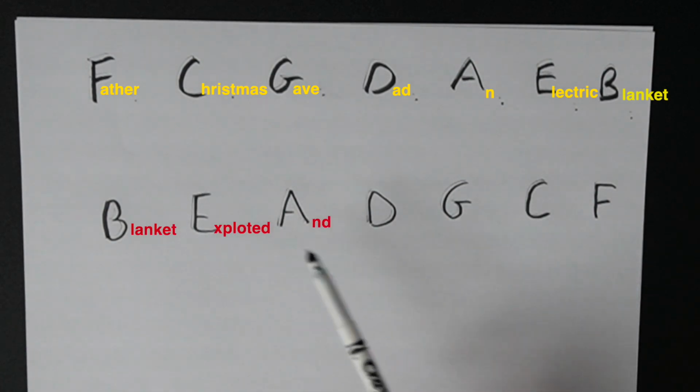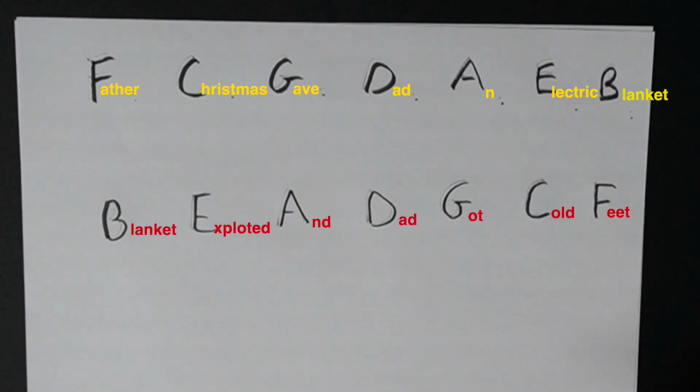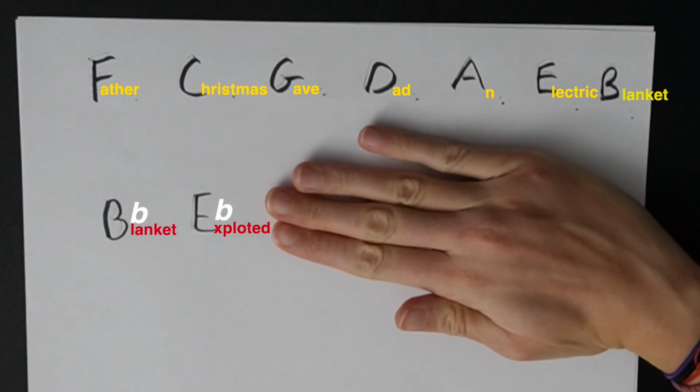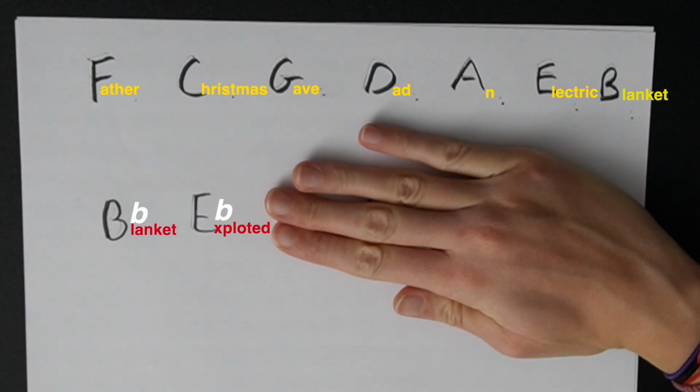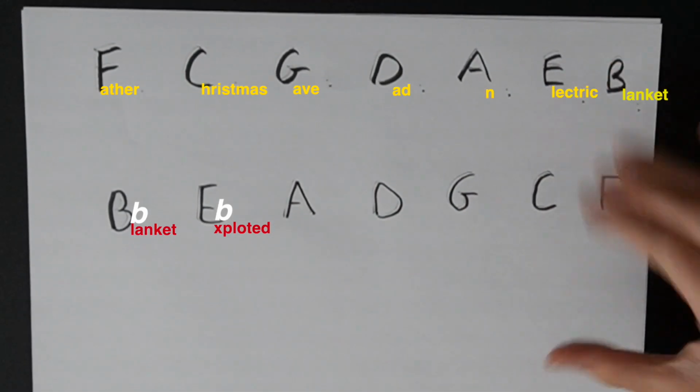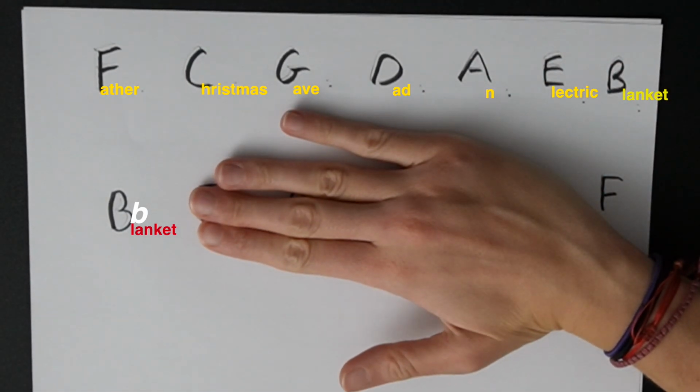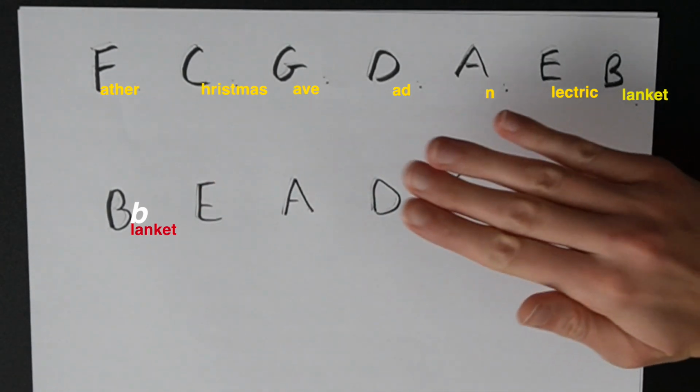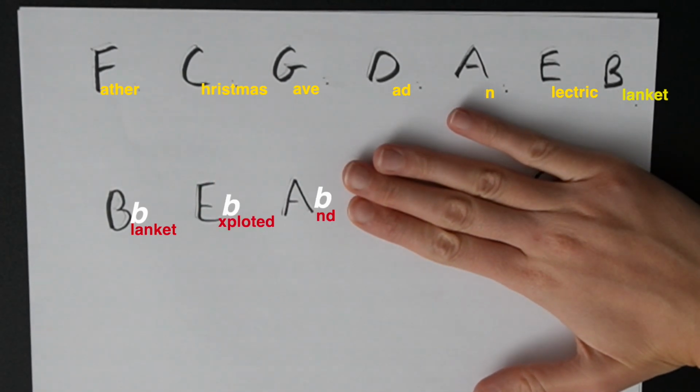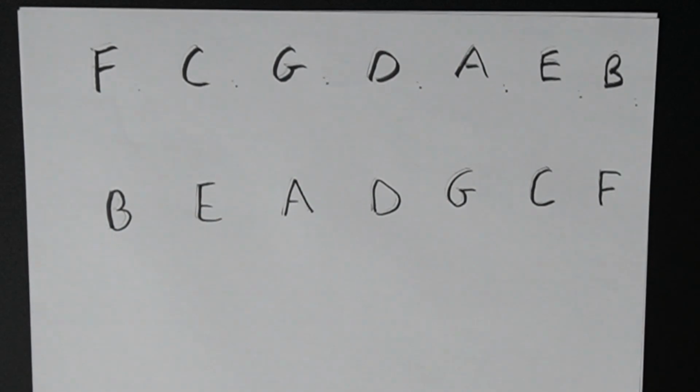Blanket exploded and Dad got cold feet. So if we have 2 flats, we know blanket exploded. It'll be B and E. And if we have 1, it will just be B, blanket. You can do it with any one. If we have 3, blanket exploded and so on.